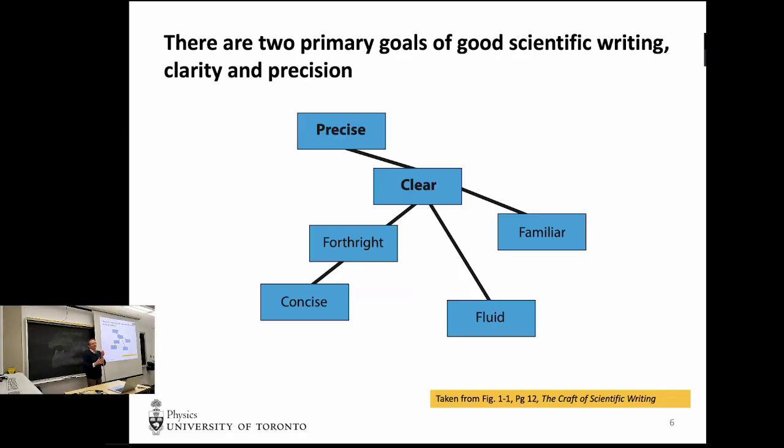So when we talk about writing, you can step back a little bit from scientific writing itself, but there are ways of breaking down the key elements of it. And when we're talking about scientific writing, probably the most important criterion you're trying to meet is that it be precise.